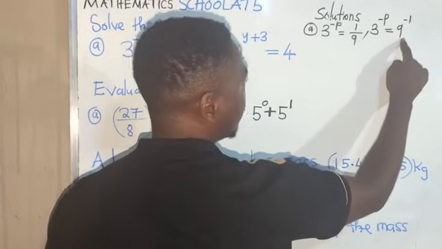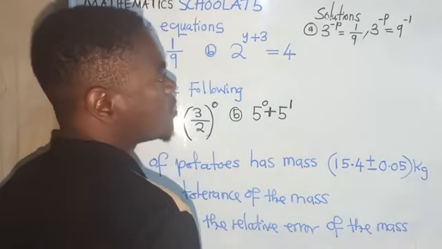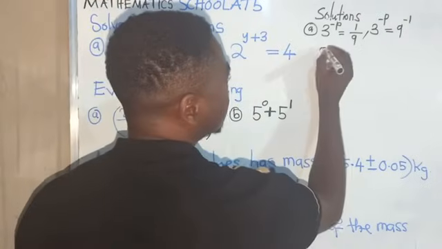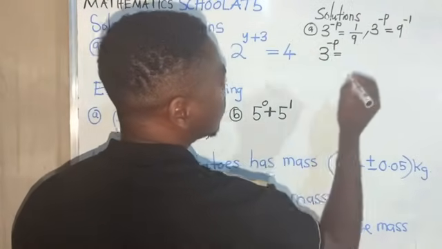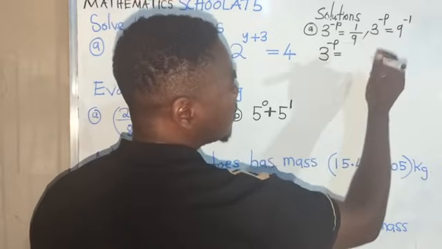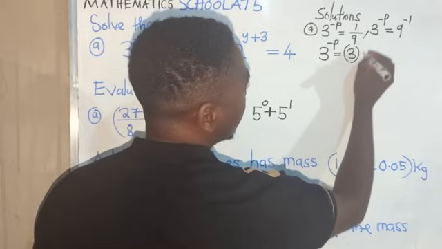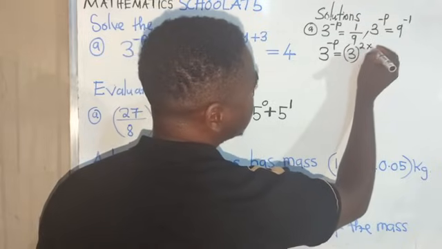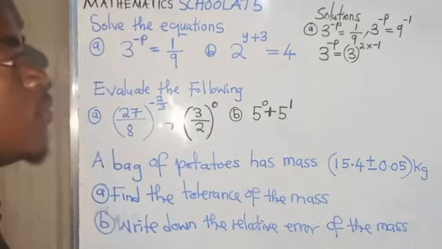This 9 can also be written in base 3. So it is 3 to the power negative p is equal to 3. How many times can we multiply 3 to get 9? It is 2. So it is 3 to the power 2, then times the negative 1 that is there.